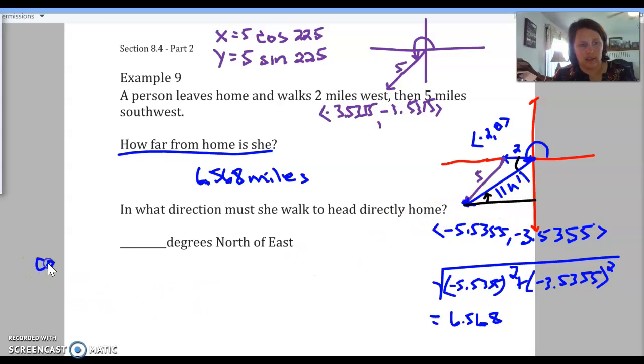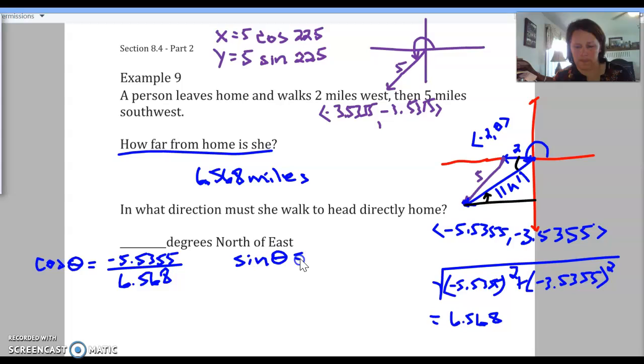So we know that cosine theta, and this is for our new vector that we added up to find this, cosine theta is going to equal the x value, so negative 5.5355 over the magnitude, which is 6.568, and sine theta is equal to negative 3.5355 over the magnitude, which is 6.568.